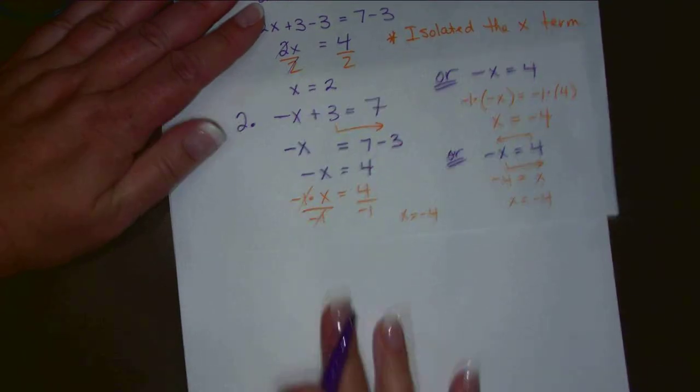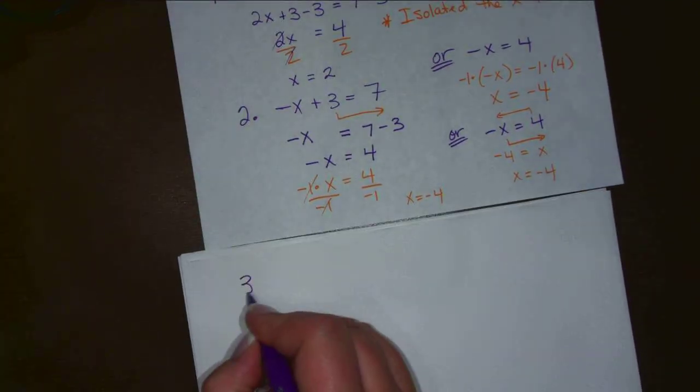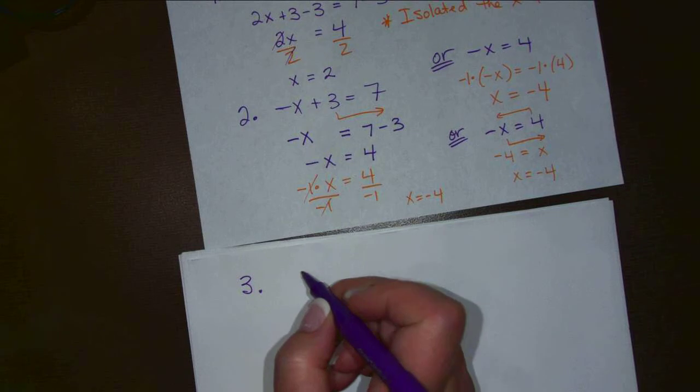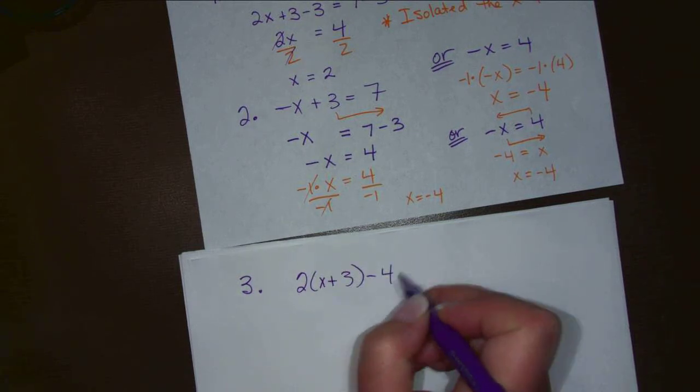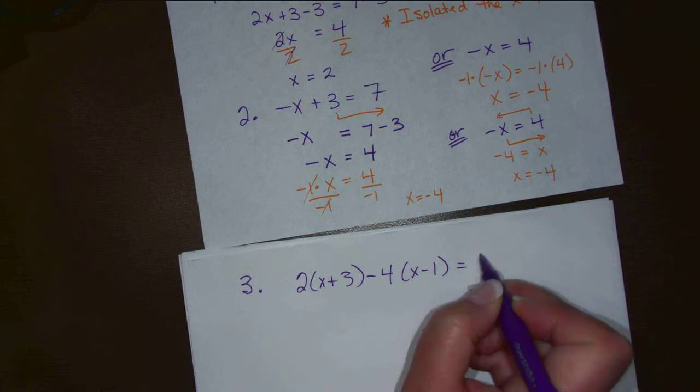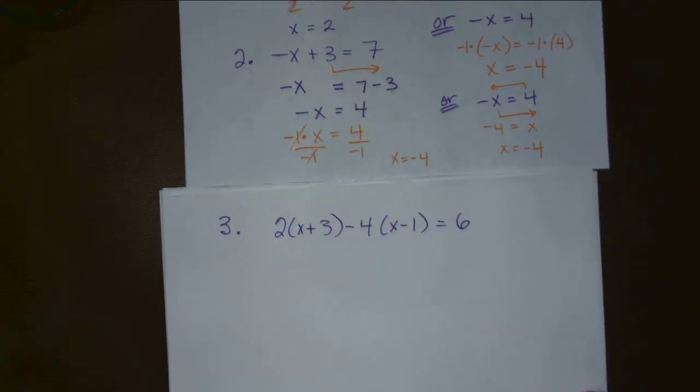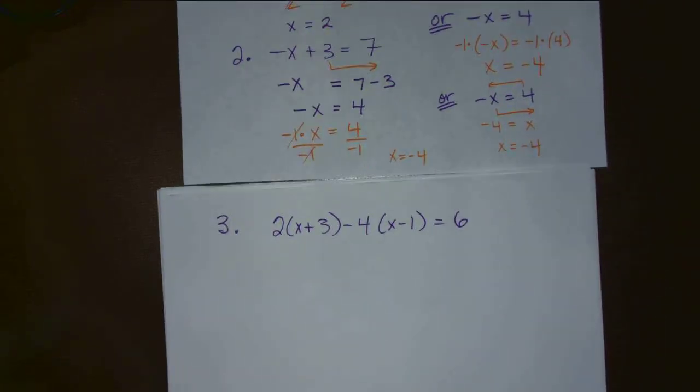Now, 3. Okay, so we could have something like this, a little bit more complicated, a few steps before we move things around, and that is they have these little distributive properties.